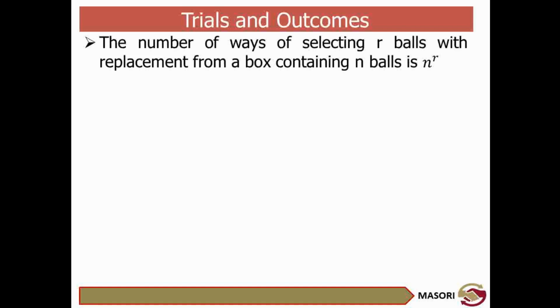So if we know how many balls we have in the box, then we will know the possible outcomes for each of the observations. And the r becomes the number of times that we are picking each and every ball from the box with replacement.